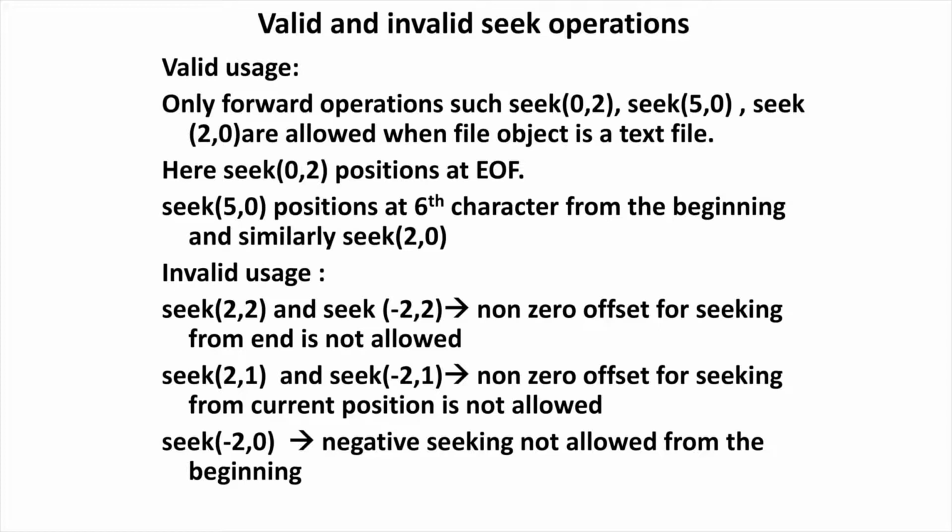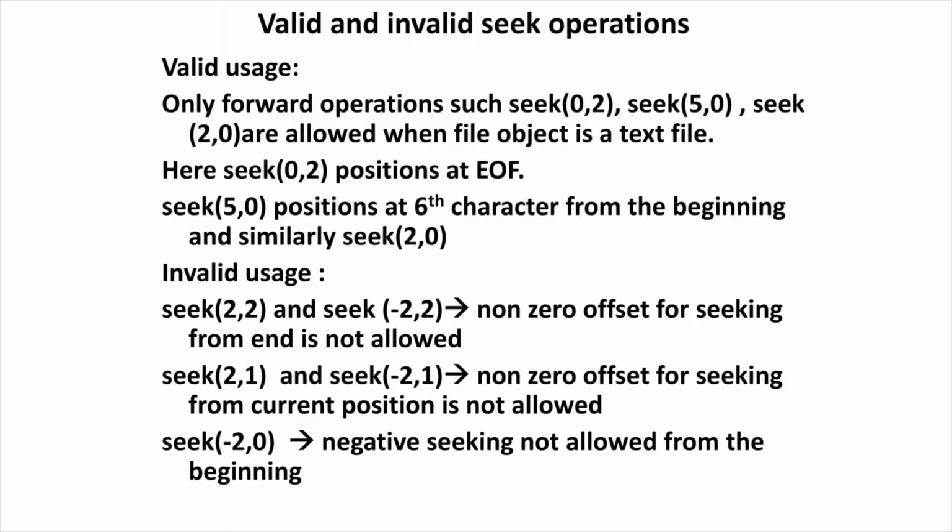Only forward operations such as seek(0,2), seek(5,0), seek(2,0) are allowed when the file object is a text file. Here seek(0,2) positions at the end of file. Seek(5,0) positions at the 6th character from the beginning, and similarly for seek(2,0).